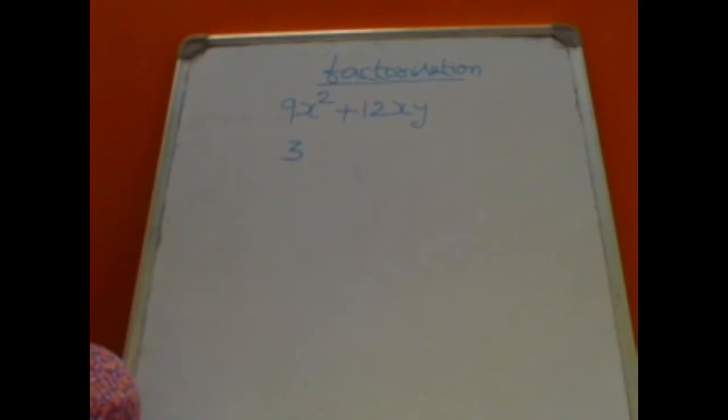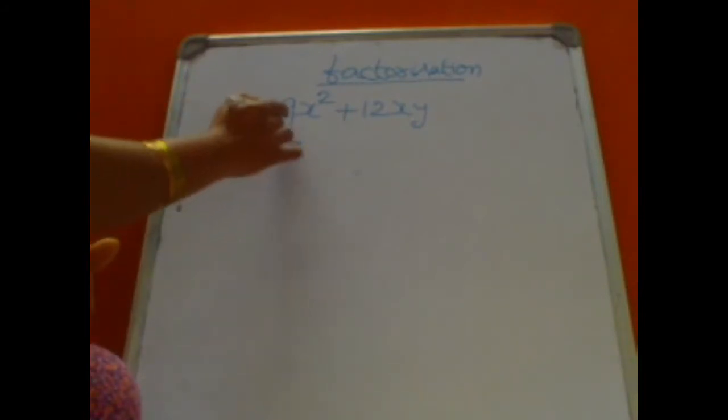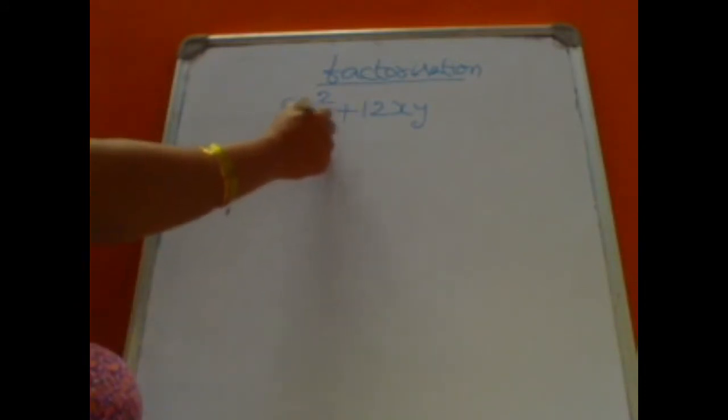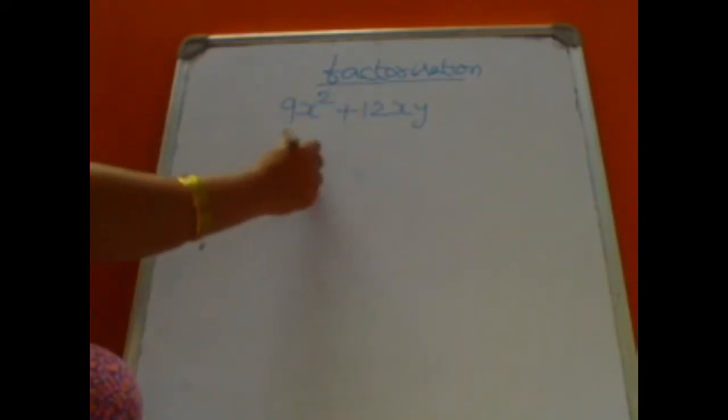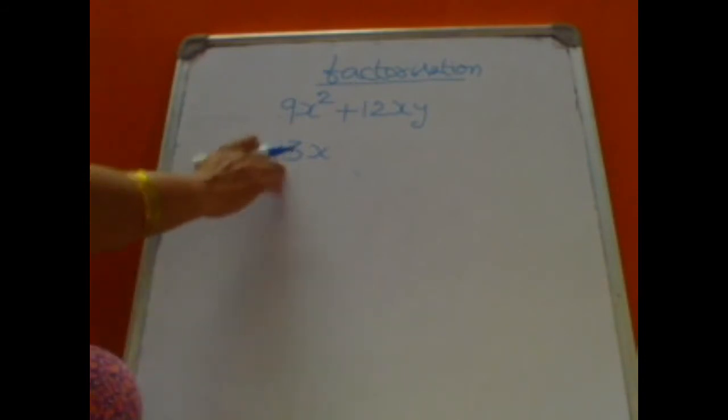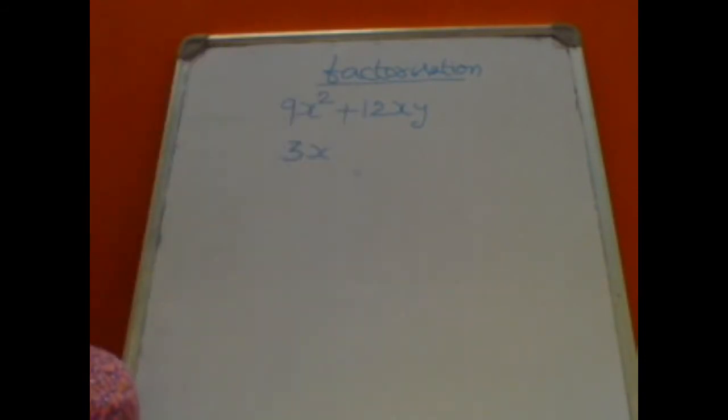Once you select the highest common factor of the numericals, you go for the highest common factor of the variables. Now x square and xy are the variables. You take x as the highest common factor, and we don't have y as common, so we will ignore it. So for 9x square and 12xy, 3x is the common factor.